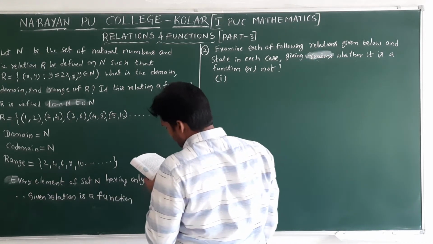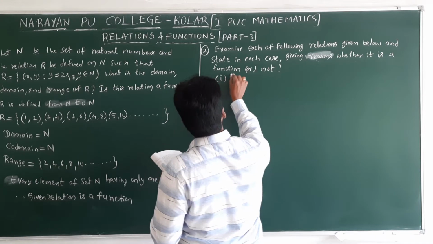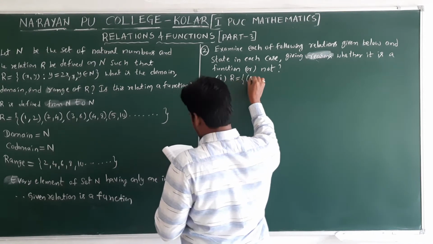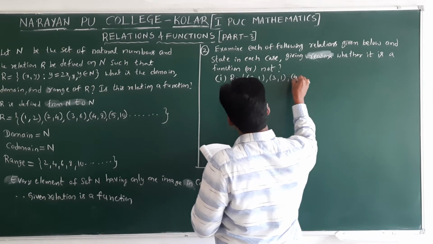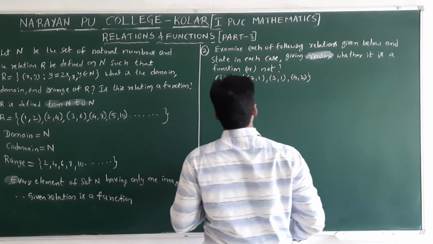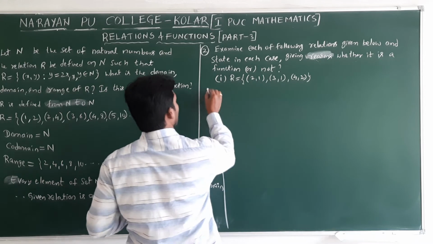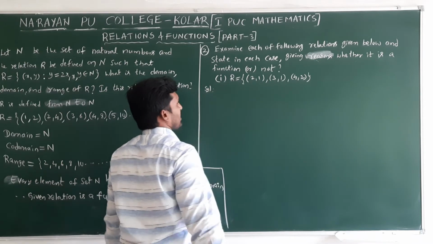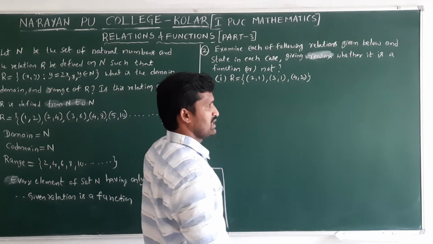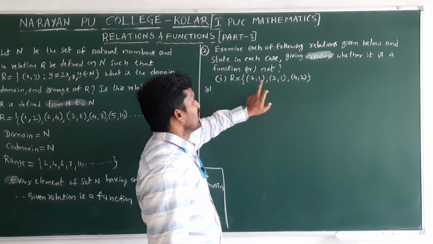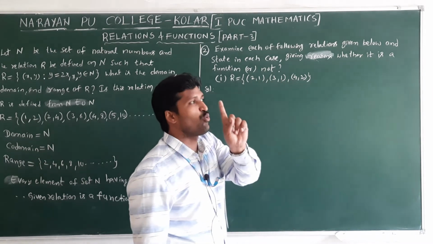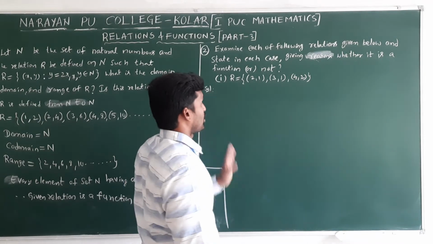So first question, the relation is given like this, a set of ordered pairs (2,1), (3,1), (4,2). One you will solve. Here each element has only one image. But 2 and 3 have the same image, but that is not a matter. Each element must have only one image, not two images.